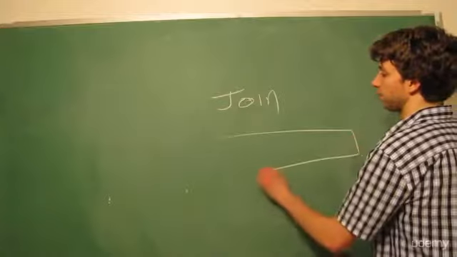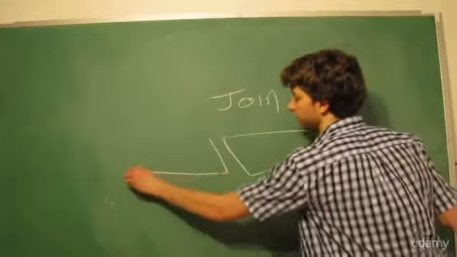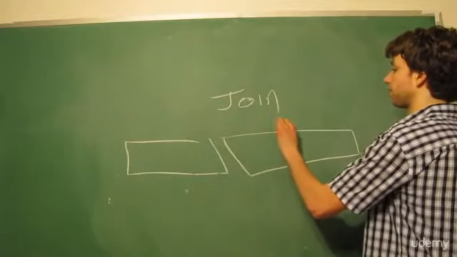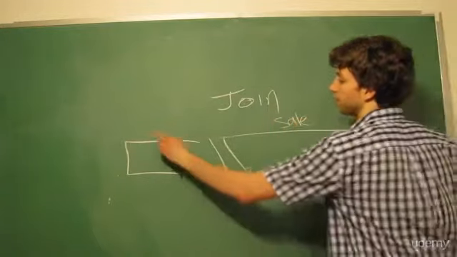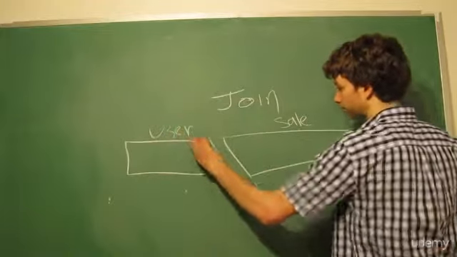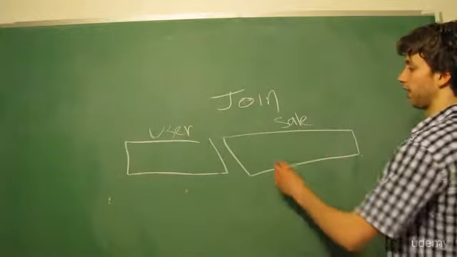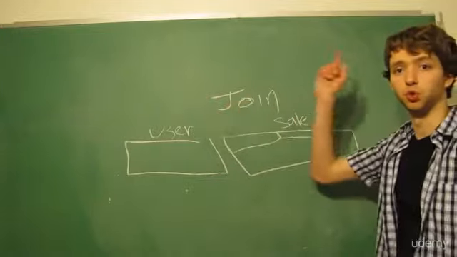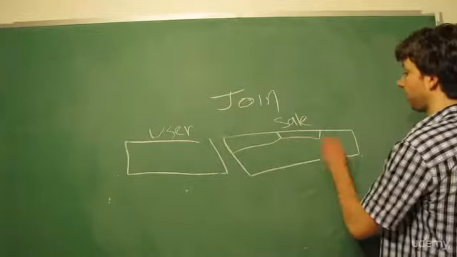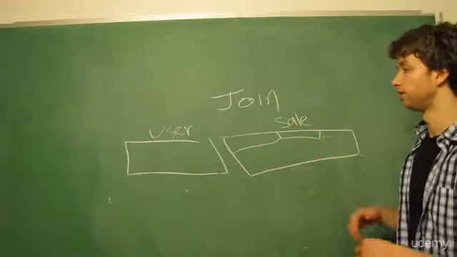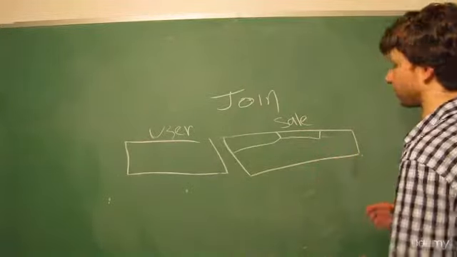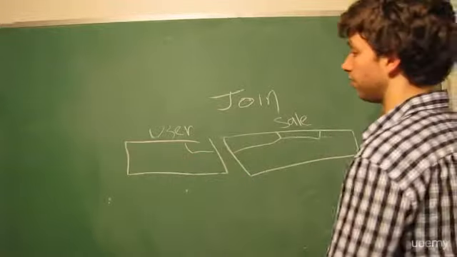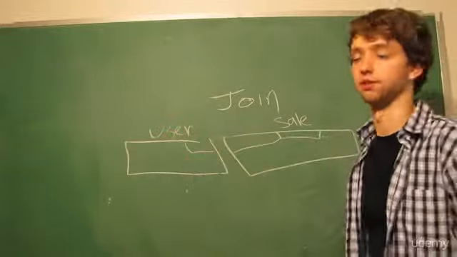So if we have a table here, and then we have a table here, and let's just say this is a sale table, and this is a user table. Within the sale table, we have a sale ID, we have a user ID, the person who bought the stuff, and then we have the objects that they bought. This is just a silly example, just for you to understand the concept of a join. And then within the users table, we have the name, the user ID, and so forth.